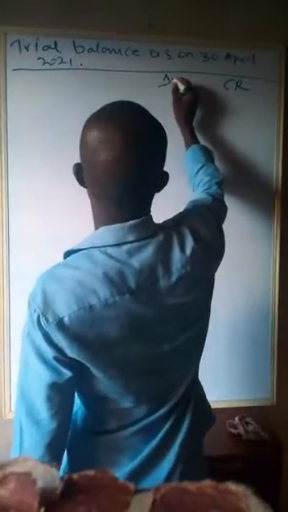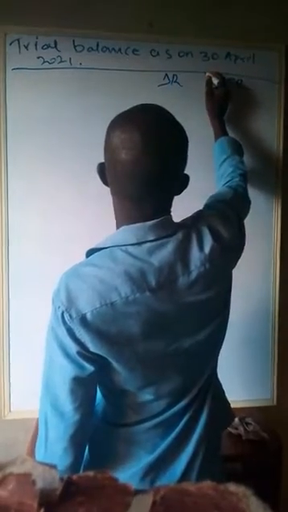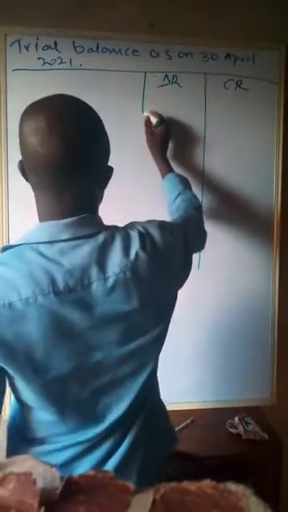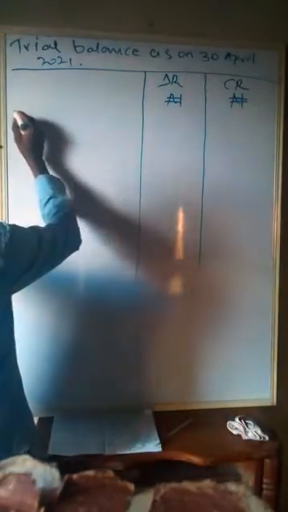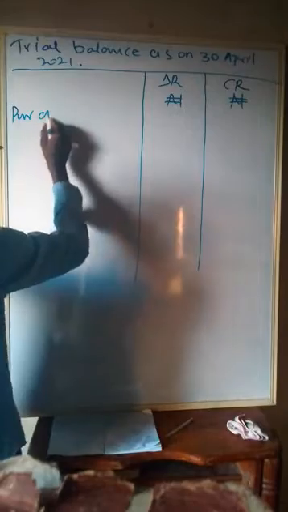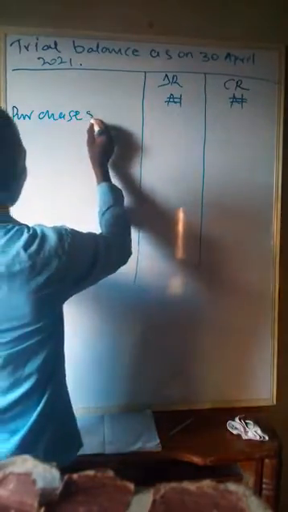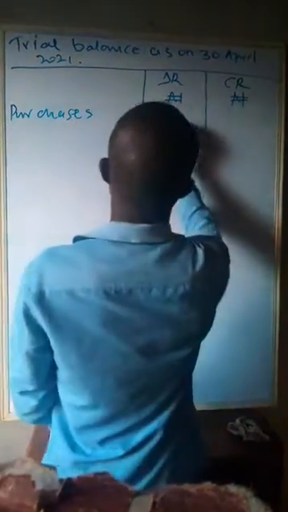So I have my credit side and my debit side, then I divide it, then I have my currency sign. Then I'm starting from purchases. The balances I have from the accounts: purchases was on the debit side, that is 620.